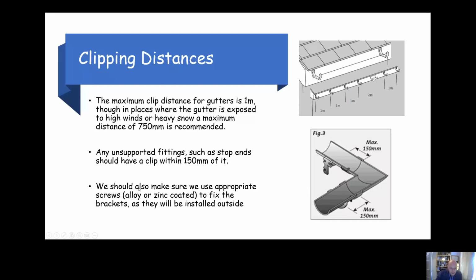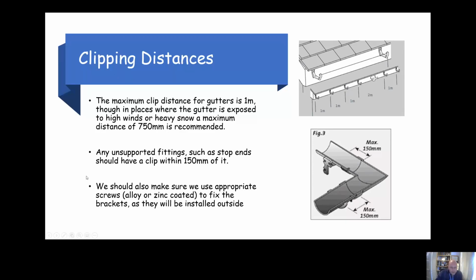Any unsupported fittings, for example angles, possibly you might have an unsupported running outlet or unsupported union, should have clips within 150 mil of each side of them, and that's just to support the fitting, essentially to stop it sagging or any sort of damage occurring.